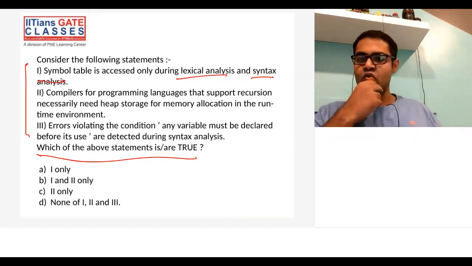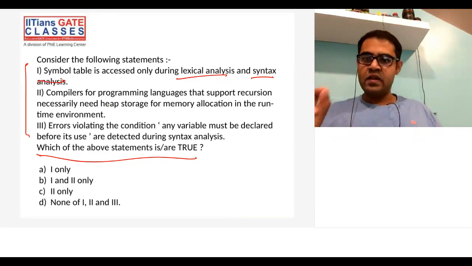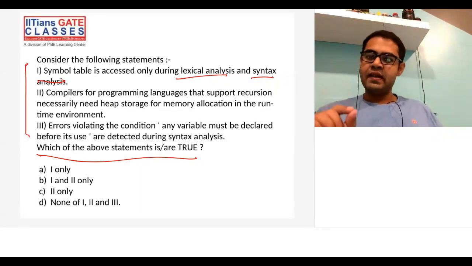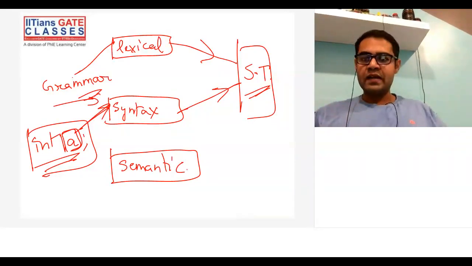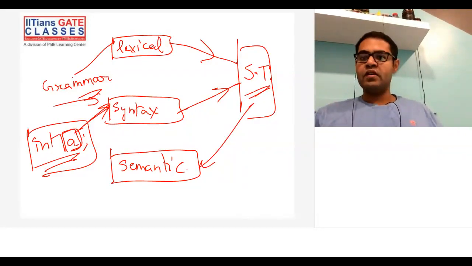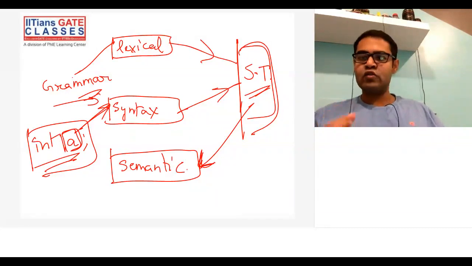Yes, this is true that lexical analysis will access the symbol table, and syntax analysis will also access the symbol table. But semantic analysis actually retrieves some of the information from the symbol table. Checking whether you have multiple declarations or something like that will be checked there. So it tries to retrieve those values which are stored by lexical and syntax analysis.